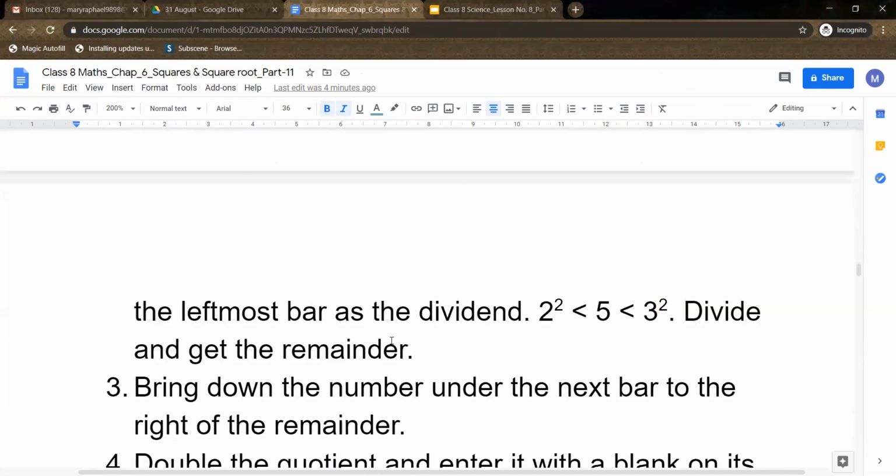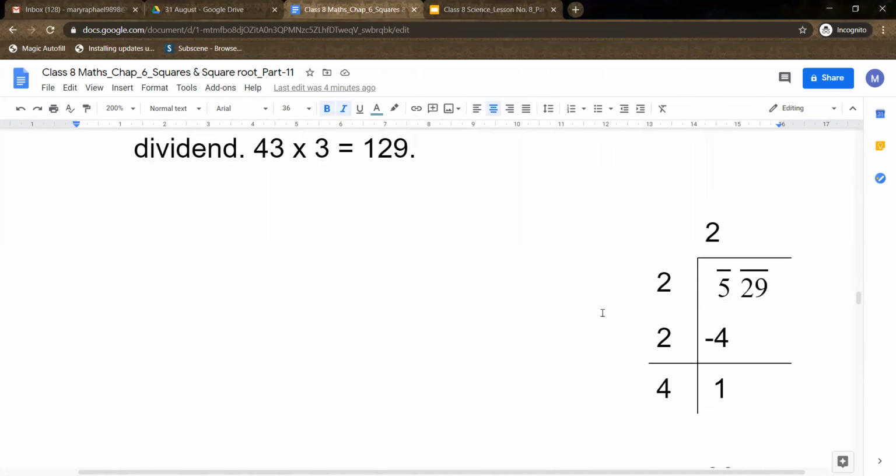I will explain. See, first of all, what is the number we have? 529. So how many digits are there? 3 digits are there. So first of all, we have to make pairs of digits starting from the ones digit. Which is the ones digit? 9, tens digit 2, then hundreds digit 5.